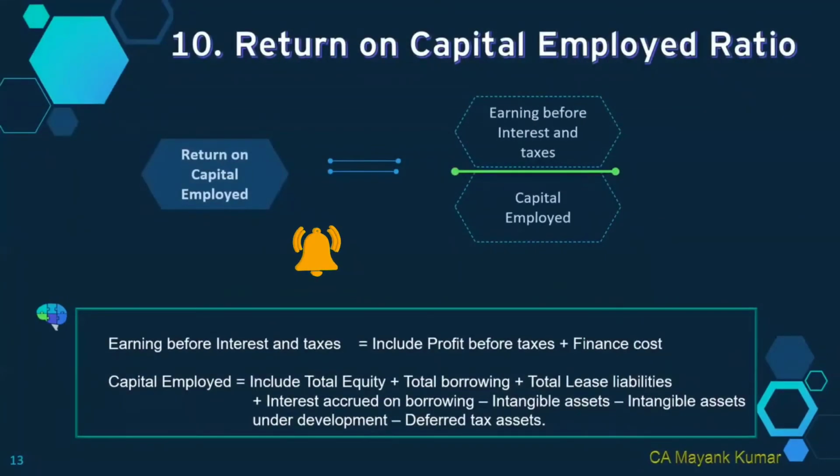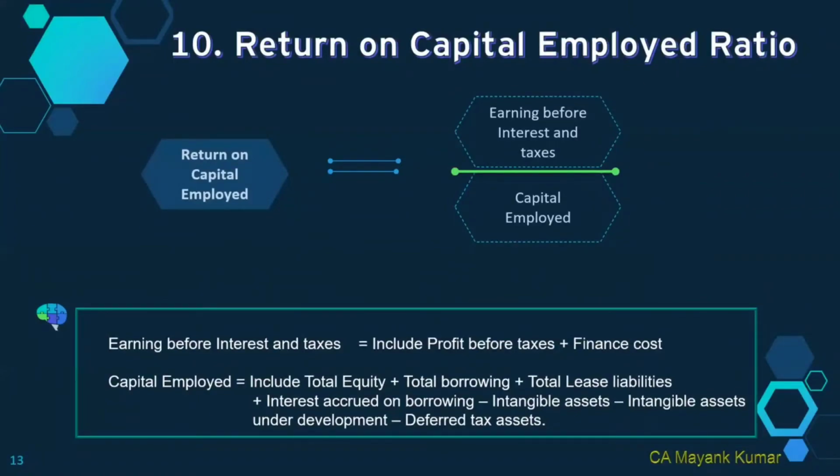Next ratio is return on capital employed ratio, which means how much the company is earning on all the capital employed. Not only the share capital, but it includes also the debt obligations. So the formula is earning before interest and taxes divided by capital employed.